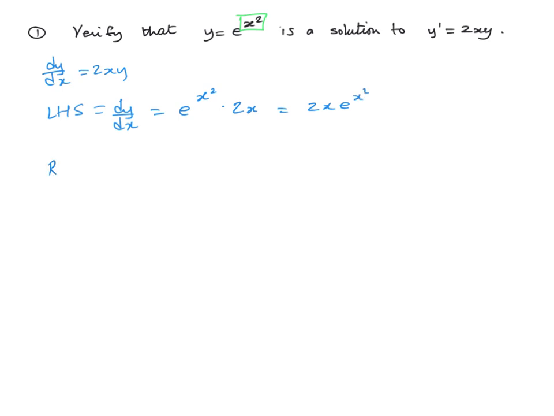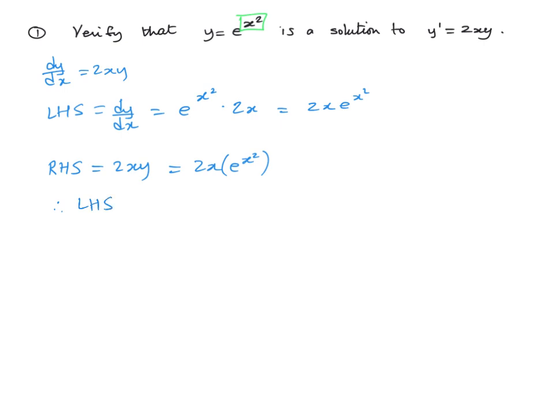And then the RHS for the differential equation was 2xy. And I'm now going to substitute the thing that I think is a solution, which is y equals e to the x squared, so it's going to be 2x times the e to the x squared. And if I compare this thing to this thing, they are the same.